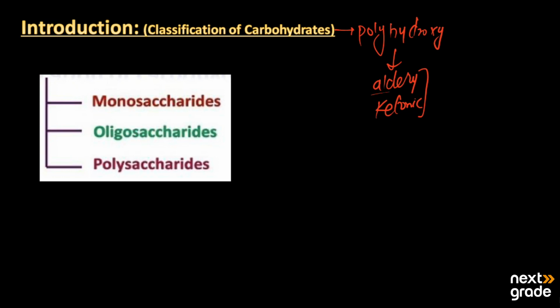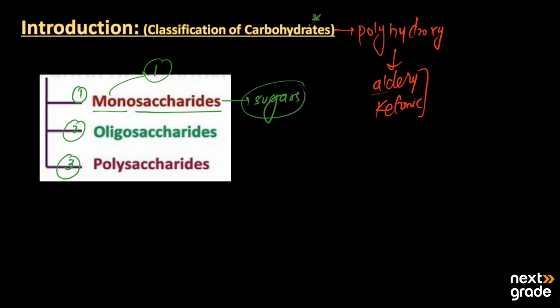They have been classified into three main classes. The first class we have is the monosaccharides. The second class is oligosaccharides, and the third is polysaccharides. The word mono means the simple one, and saccharides means sugars. It is mainly used for the carbohydrates.